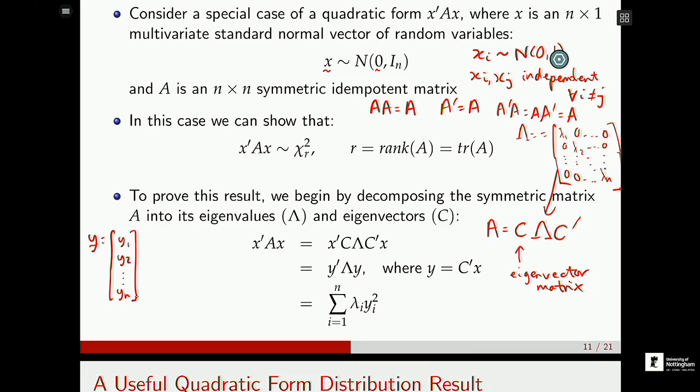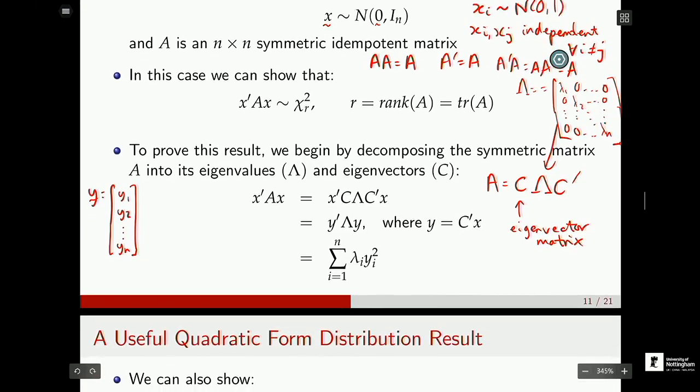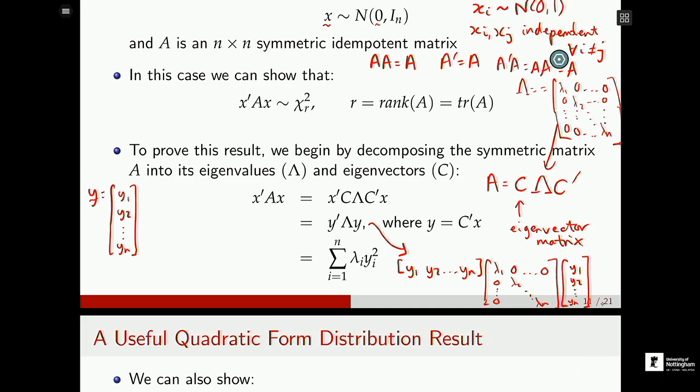If we think about what is in Y transpose lambda Y, it would be Y transpose, Y1, Y2 up to Yn, times the eigenvalue matrix that we just wrote up, times the Y vector again, not transposed. Right, that's what that quadratic form looks like.